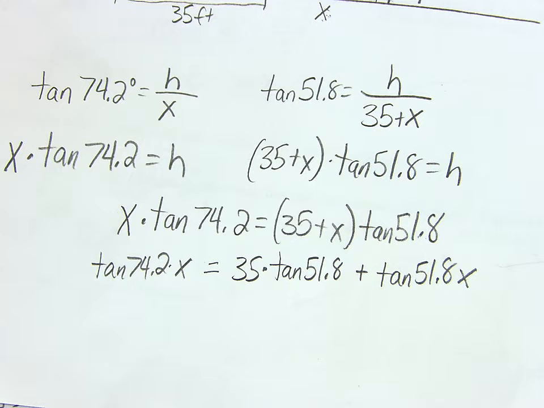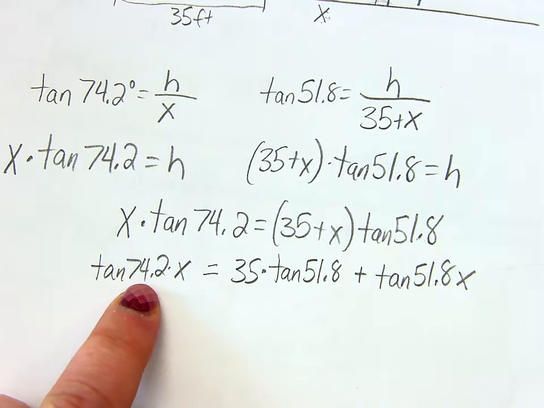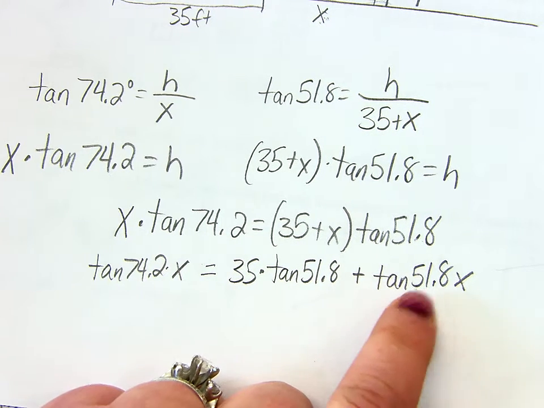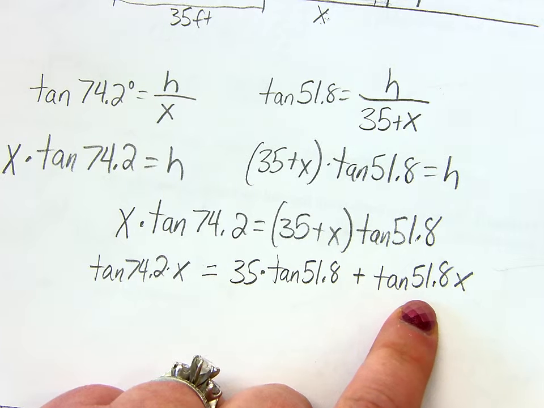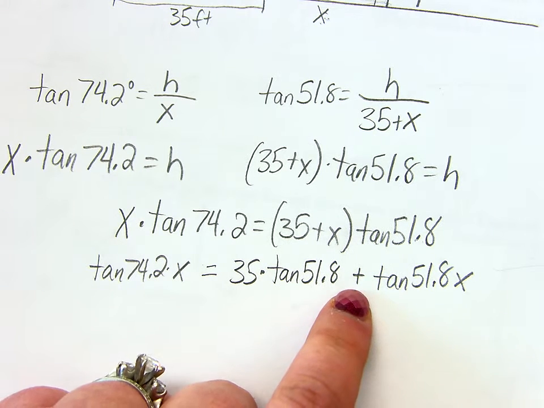So now we gotta do tangent 74.2x divided by tangent 51.8x. But why would you divide by that? You're not multiplying by it. Aren't you? Yeah. Oh, add.